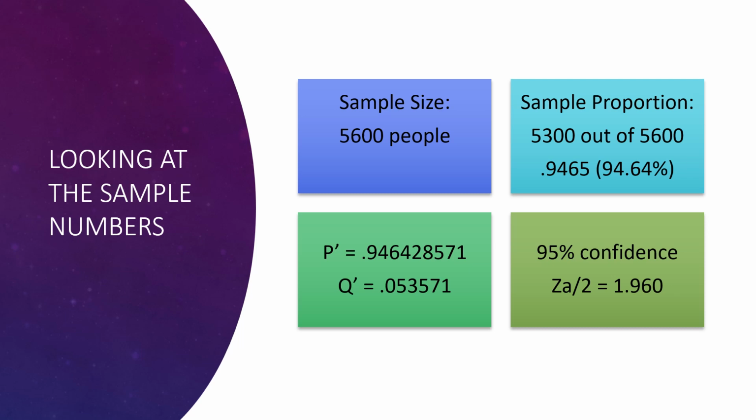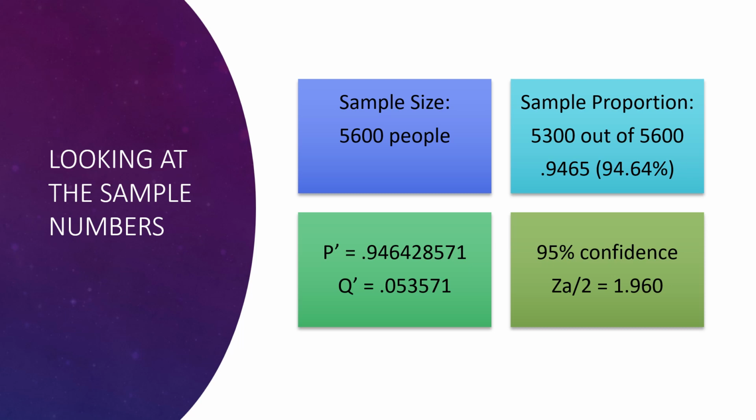We take 5,300 people who disliked the removal of the dislike button and divide that by 5,600, which gave us 0.9465, or translated into a percentage, 94.64%.